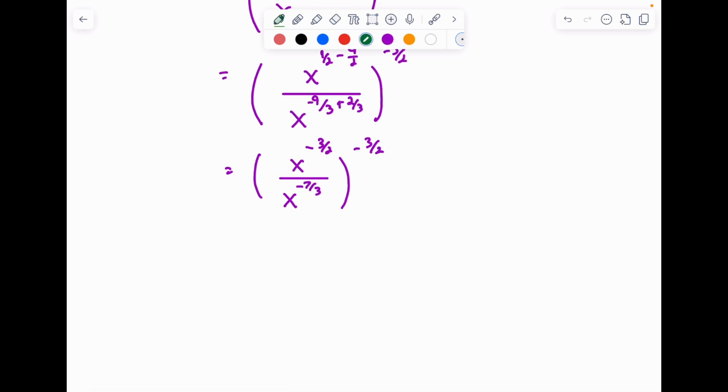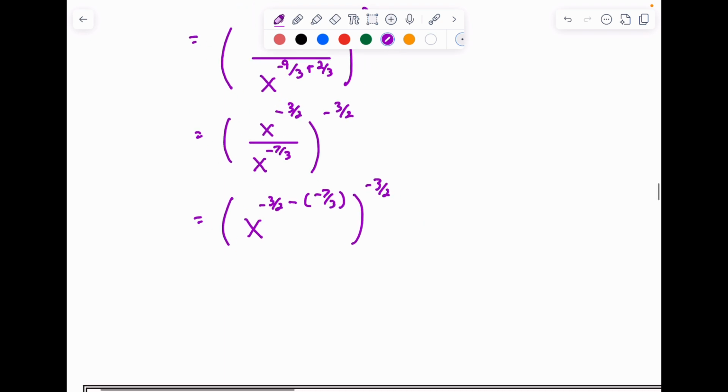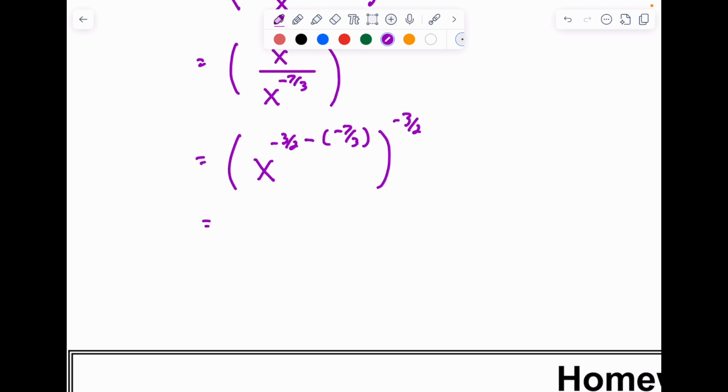Now I'm going to deal with inside the bracket still, but these are dividing. So I'm actually going to be subtracting my exponents. So inside now I have x minus 3/2, and I'm going to be taking away minus 7/3, all still to the 3/2. So this is x minus 3/2 plus 7/3. So you're going to need to get a common denominator.